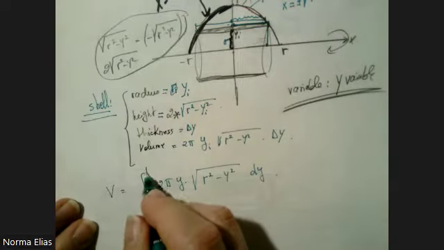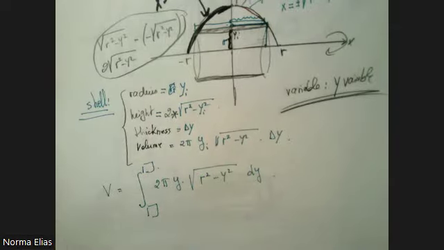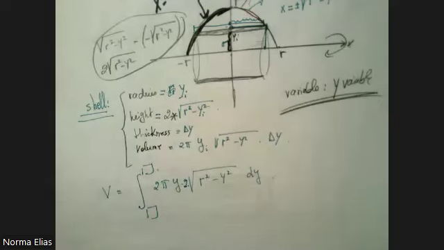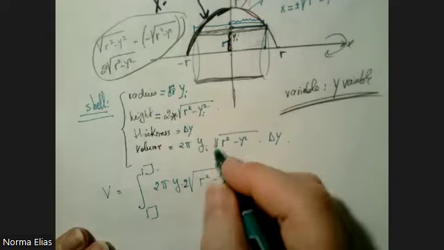What are going to be the limits of integration? Professor, what happened to the 2 times the square root of r squared minus y squared in the height? You're absolutely correct. My apology. Thank you.